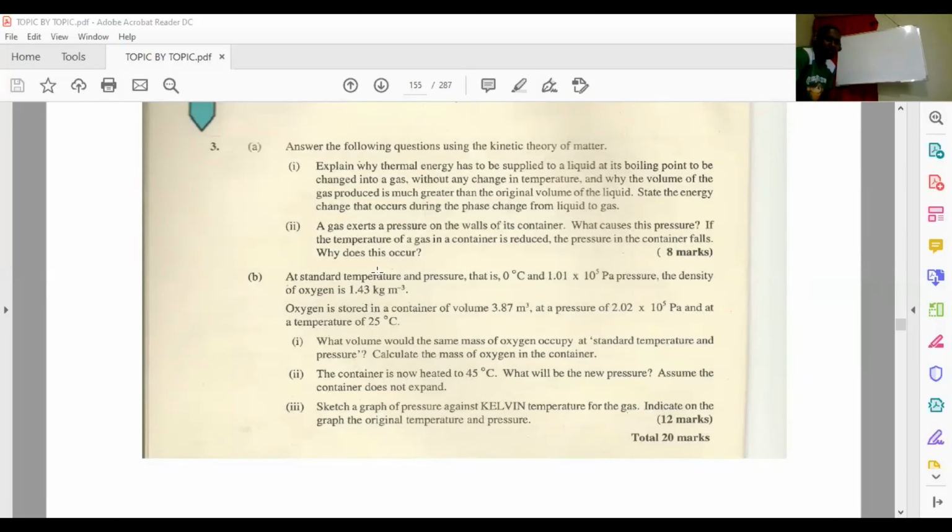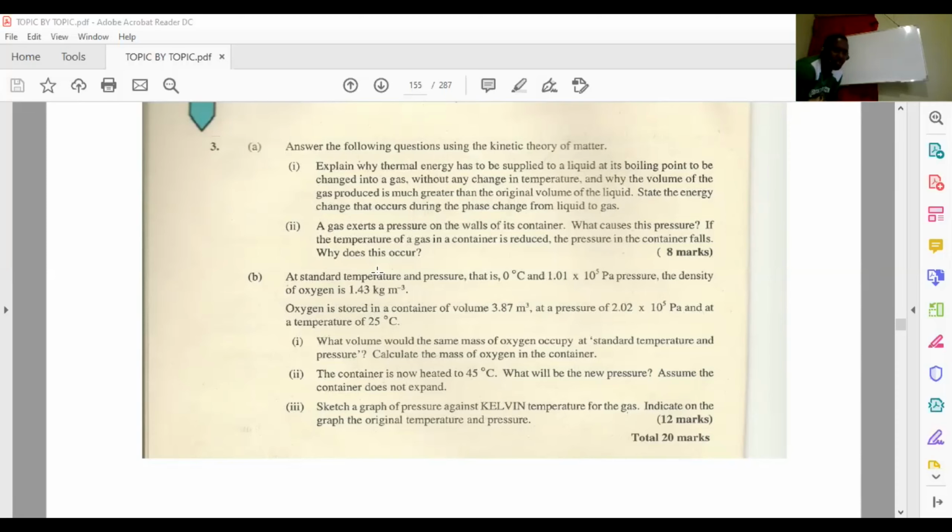Let's go to part B now. At standard temperature and pressure, that is 0 degrees and 1.01 times 10 to the 5th Pascal pressure, the density of oxygen is 1.43 kilogram per cubic meter.